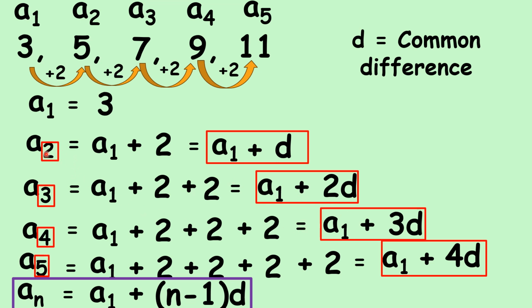A2 is A1 plus D, A3 is A1 plus 2D, A4 will be A1 plus 3D, A5 will be A1 plus 4D, and then AN will be A1 plus N minus 1 D.